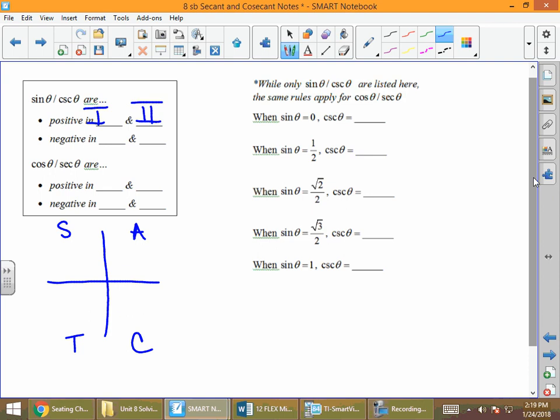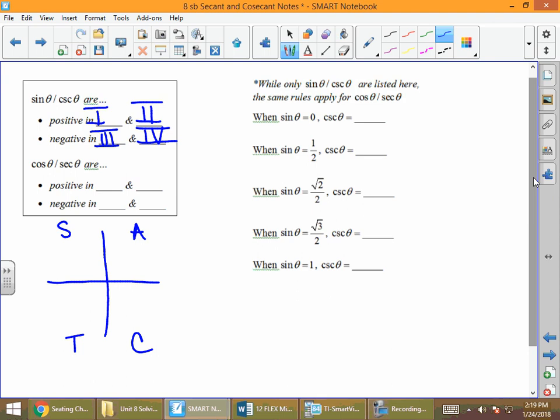And consequently, it's going to be negative in the third quadrant, which is the T, Take, tangent. Tangent is positive in the third quadrant. And cosine, calculus, is positive in the fourth quadrant. So sine is negative in the third and the fourth quadrant.